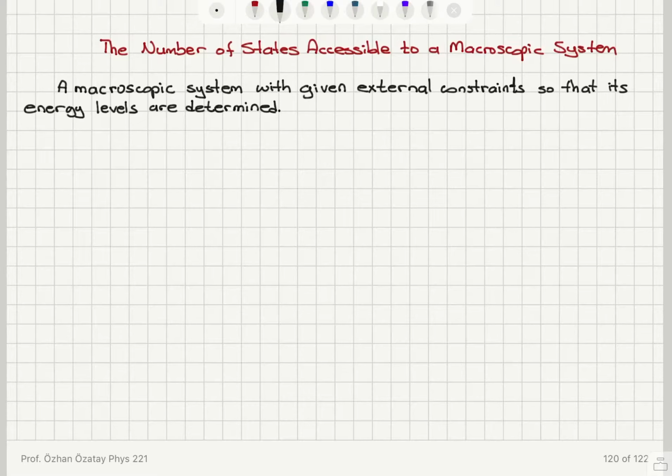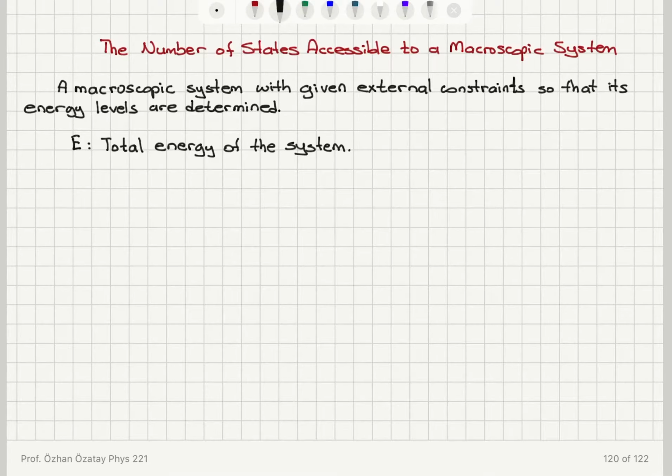So we're going to define a few items here, and this is going to be very important to understand what these items refer to. So first of all, capital E is the total energy of the system. And remember, the total energy of the system is fixed if the system is isolated.